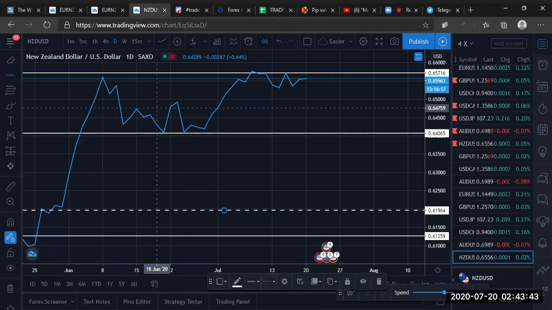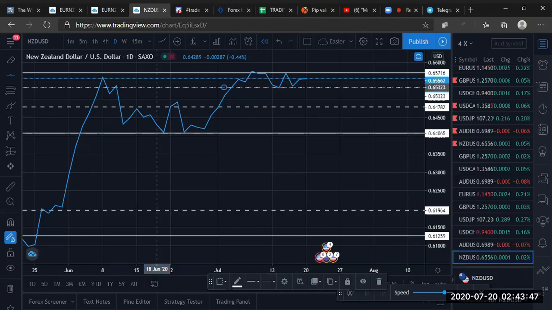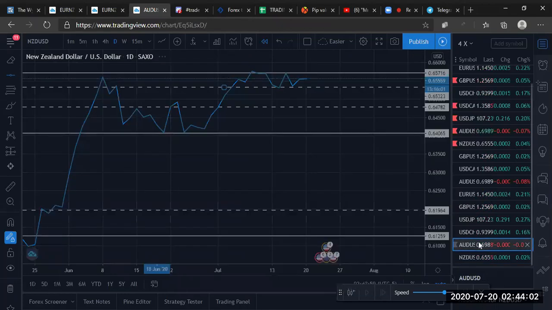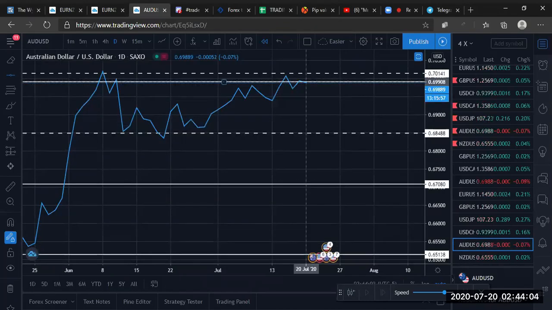We got significant. So we're playing around in this area, and I like this because this is exactly what I'm expecting from NZD USD: for it to come up a little bit and then make that aggressive move down. For AUD, it's kind of somewhat similar.